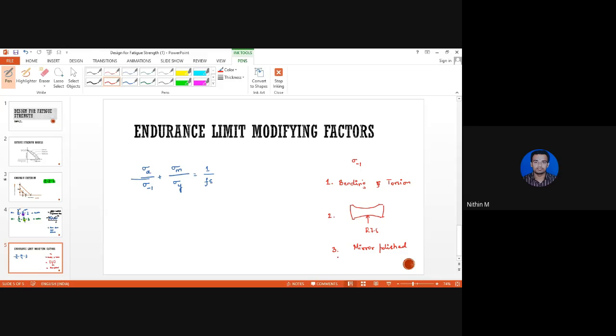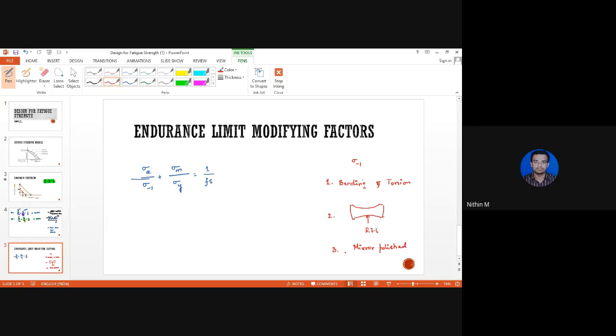Now, what will happen, since in the test we had made use of a combination of bending and torsion, suppose instead of the component being subjected to a combination of bending and torsion, which is basically a shaft, you consider the case of a telescopic suspension of your two-wheeler, right?